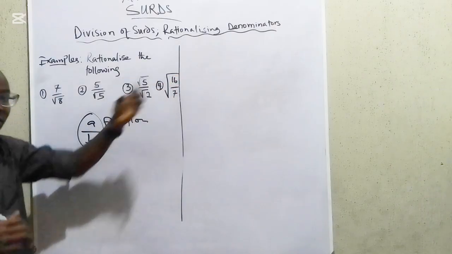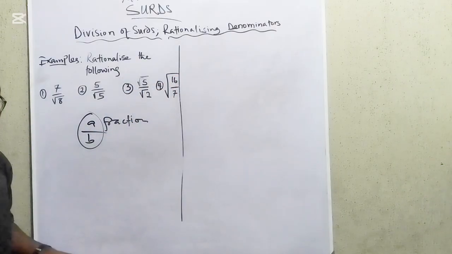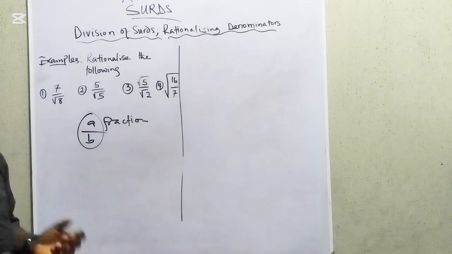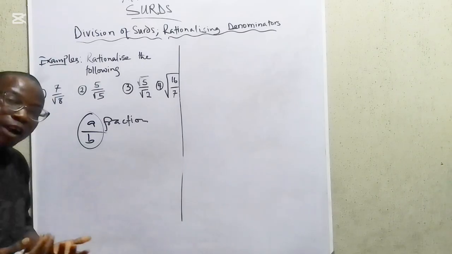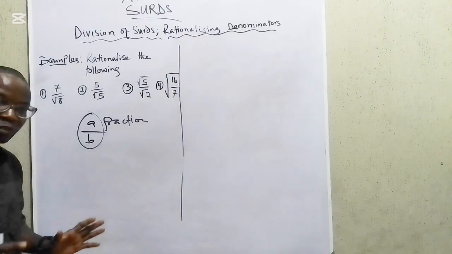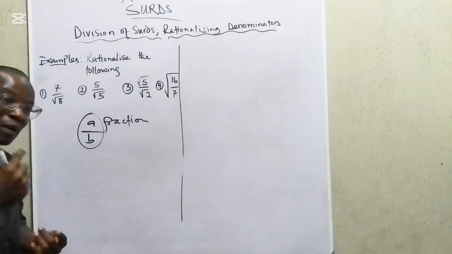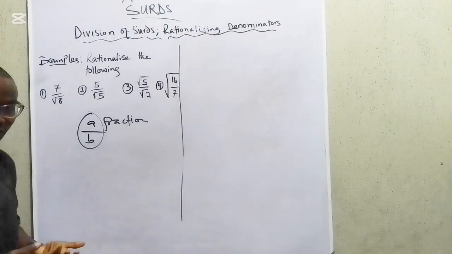So what are rational numbers? Rational numbers are essentially, or put simply, whole numbers. So how do you make a denominator a whole number? Very simple. By multiplying that denominator by the surd that has made it irrational.